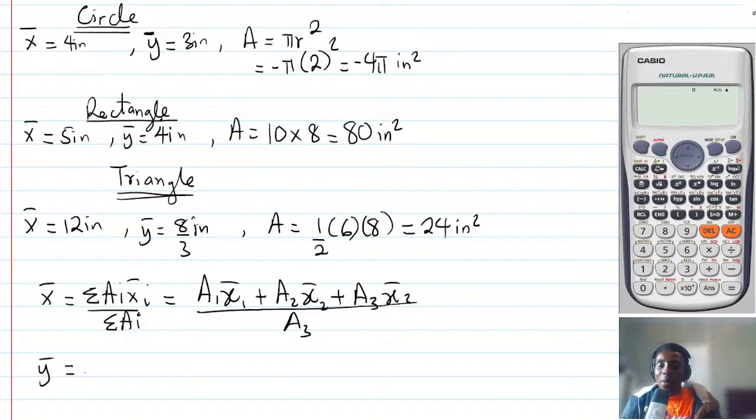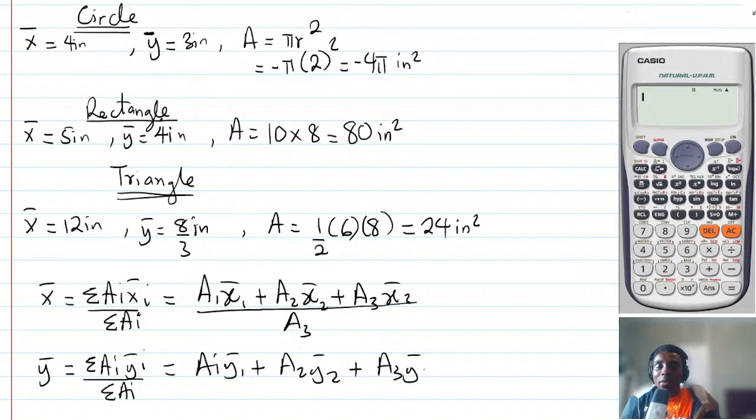If you want y bar, it is summation a_i y bar_i divided by summation a_i, which is the same as a1 y bar 1 plus a2 y bar 2 plus a3 y bar 3, divided by a1 plus a2 plus a3.